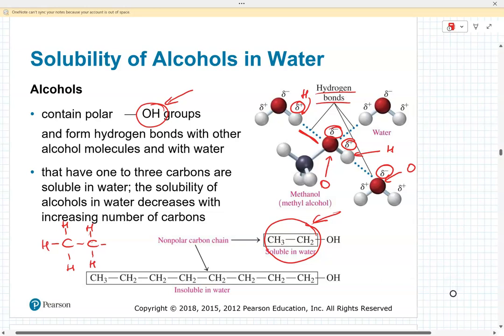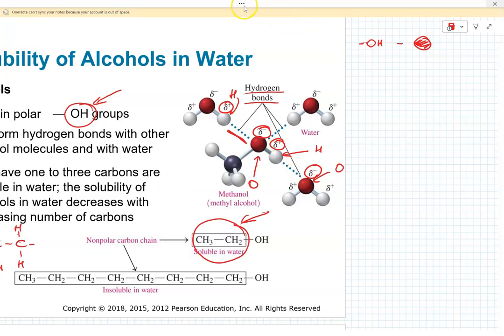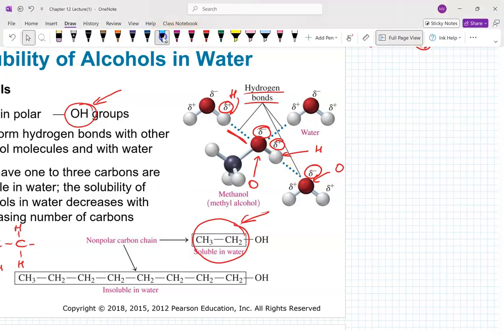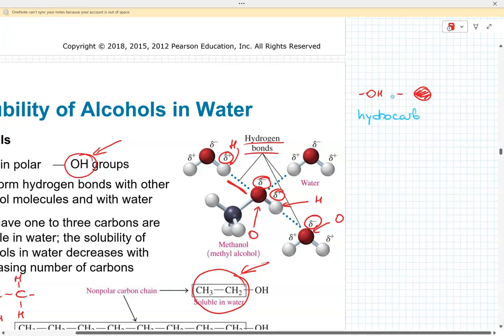You can kind of think about this using an illustration. For instance, let's say the OH group is a red circle, okay? And the hydrocarbon tail is a blue circle.